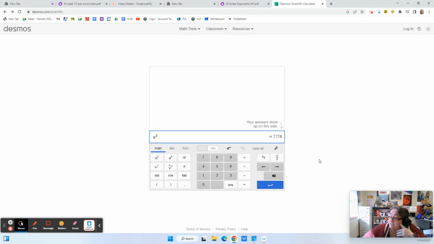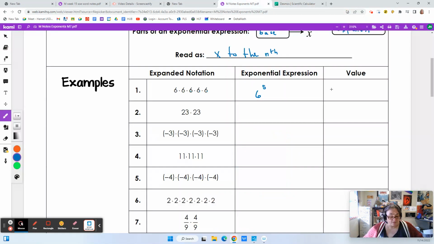When we just put 5 in, it's going to give us our solution, which is 7,776.